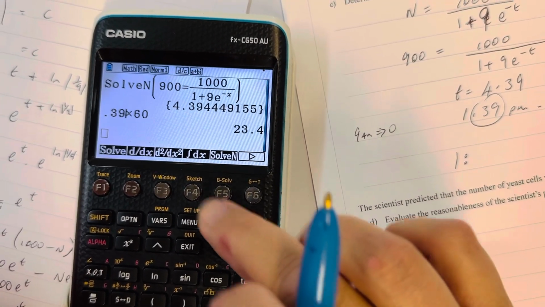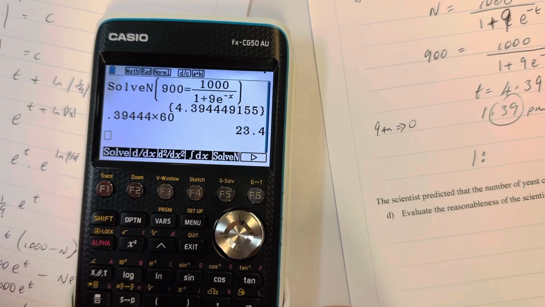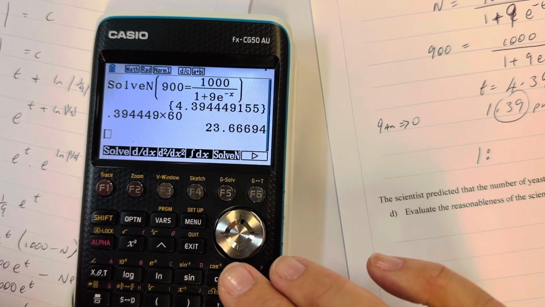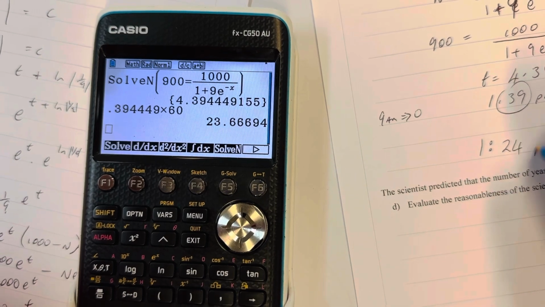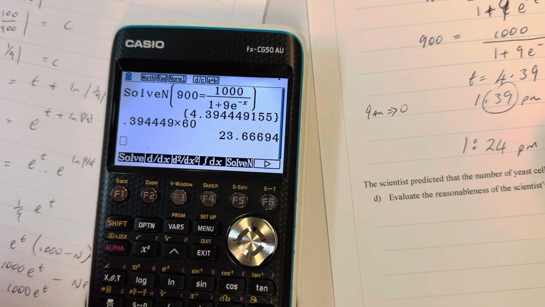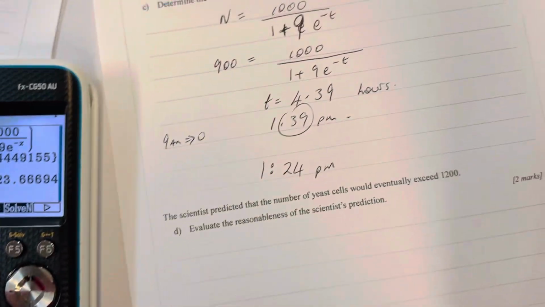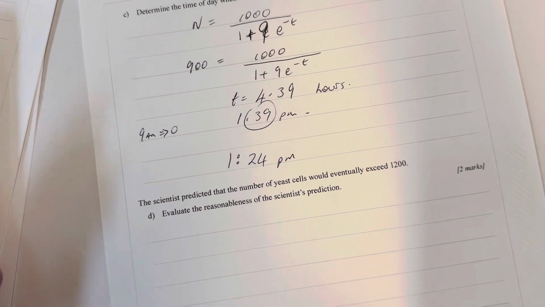I'm going to just give a few more decimal places there, 4.4449. Just looking at whether I wanted to round it to 23 or 24 minutes, I'm going to round to 24. I think that is a more accurate answer. So at 1:24 p.m. there will be 900 yeast cells present.